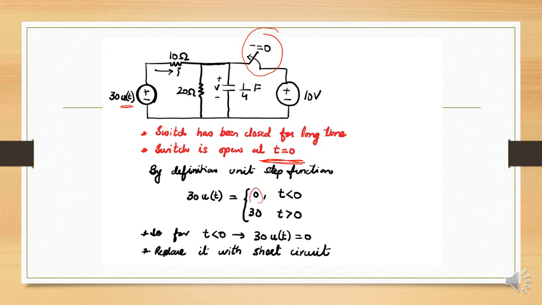Yes, why? Because we know that unit step function would be 0 before time 0 and 30 after t greater than 0 or t equal to 0. So for t less than 0, this 30 u of t is equal to 0, or we can replace it with a short circuit. Instead of this voltage source, we can apply a short over here, right?